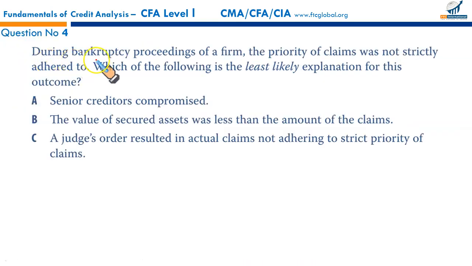Next, during bankruptcy proceedings of a firm, the priority of claim was not strictly adhered to. Which of the following is the least likely explanation for this outcome? Senior creditors compromised. Yes, valid explanation. It can happen. It is likely, not least likely.